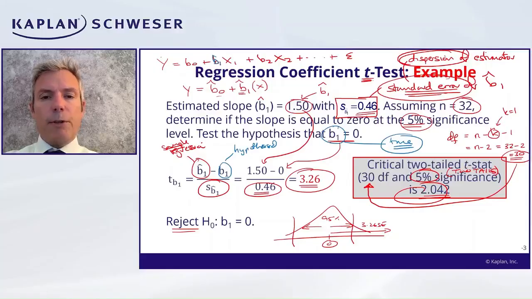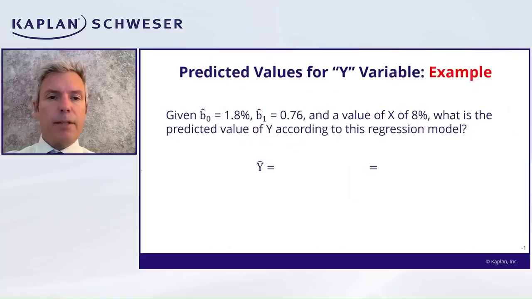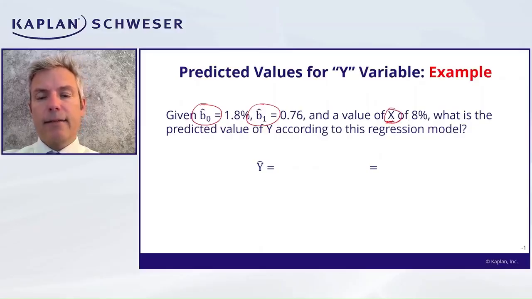Okay, now once you've specified a model, it's quite simple to take your estimated values for B0 and B1. Technically that's B hat 0 and B hat 1 coming out of your regression, and put a value of X in, and come out with a point estimate for what you think Y is going to be, a predicted value. This is quite trivial.